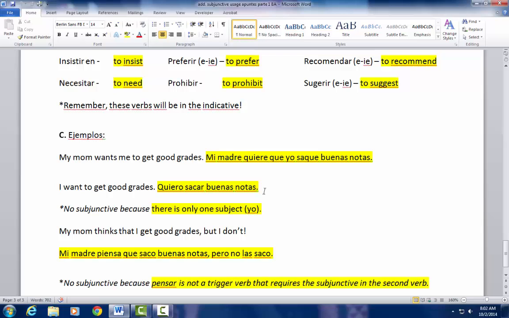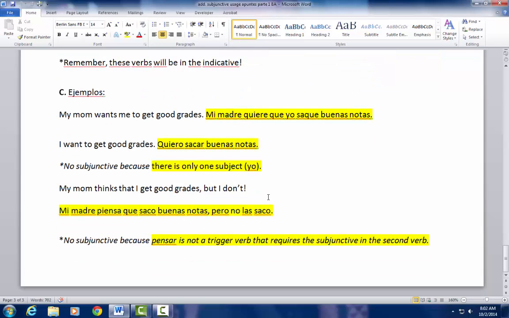Remember, if you're going to use the subjunctive, you have to have two different people in the sentence. Also, this sentence doesn't require the word que. That's why we left sacar in the infinitive form, because we've always learned you can't have two conjugated verbs that touch each other. And quiero is already conjugated, so sacar must remain in the infinitive form.